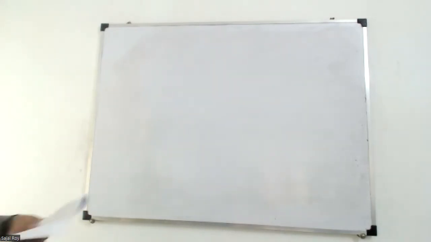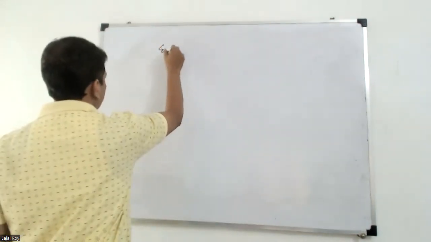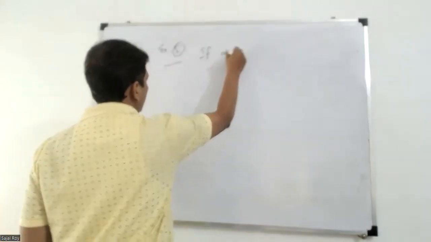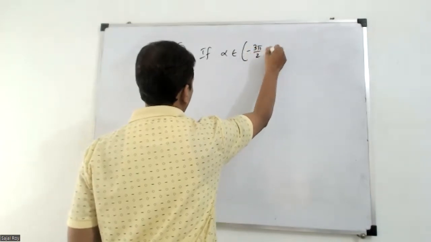Yeah, you have a very interesting problem now. A very important problem, 5. If alpha belongs to the interval, look at the interval, that is the most important part of the problem.